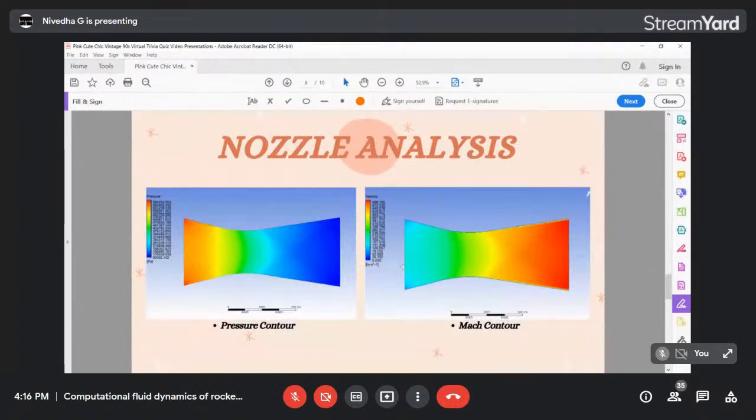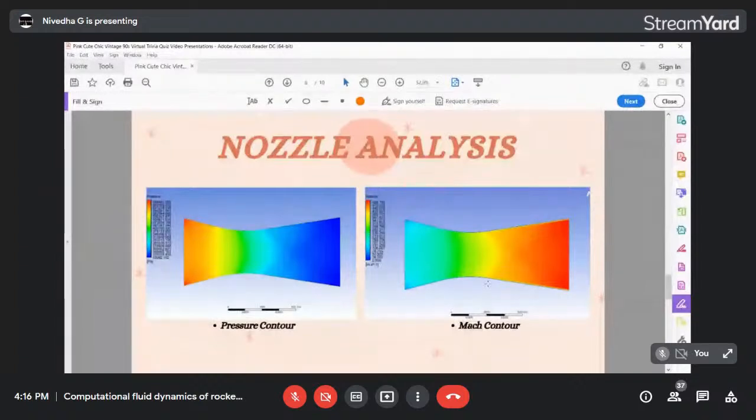I used a density-based solver because pressure-based solver is not used in any of the aerospace applications, or even if it is used, it is not preferred or not accurate because of so many reasons. I have used density-based analysis, and then I have used energy equations to know how much temperature change is happening in my nozzle.